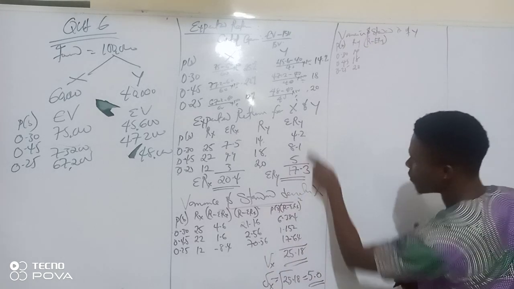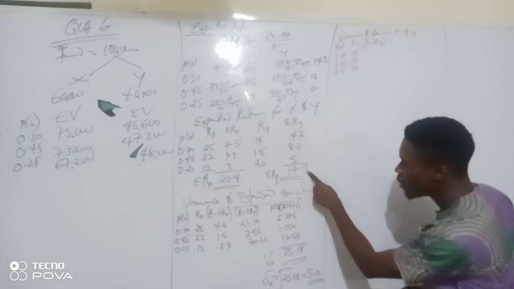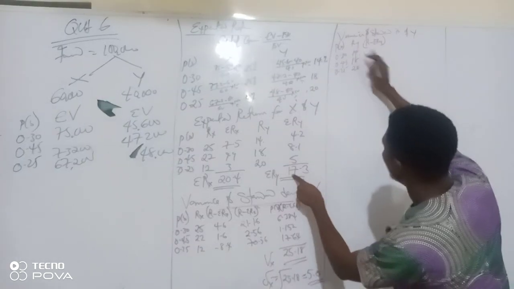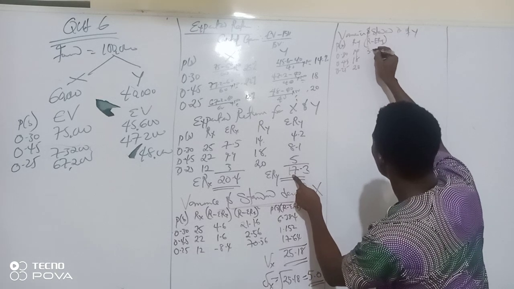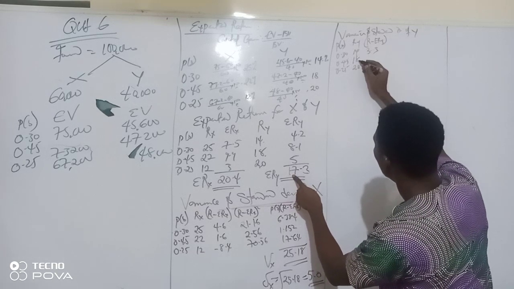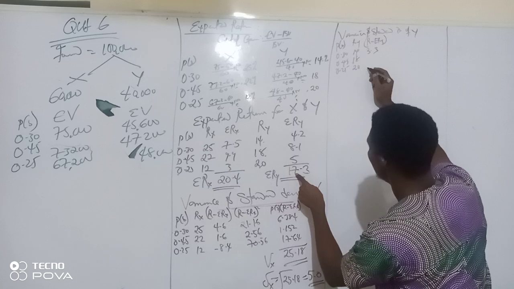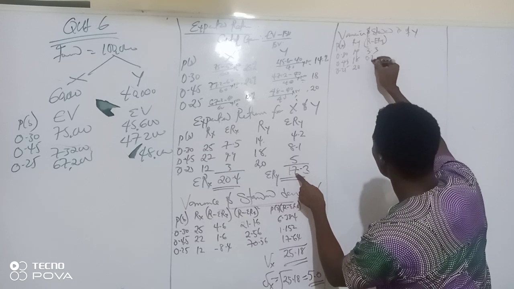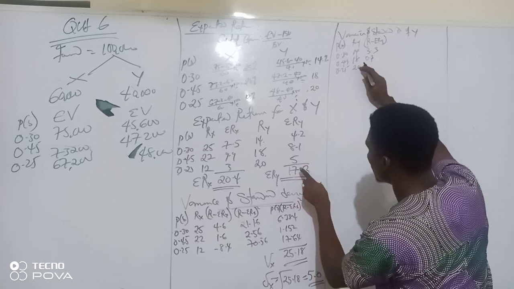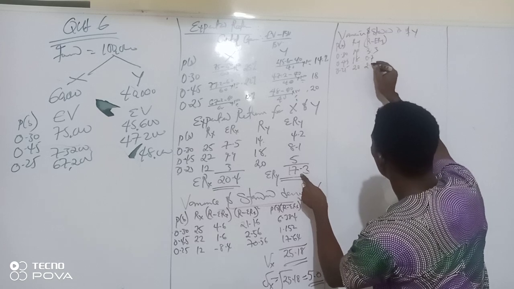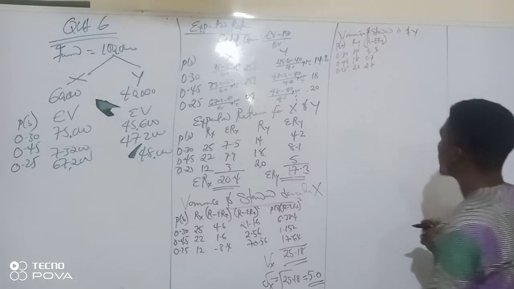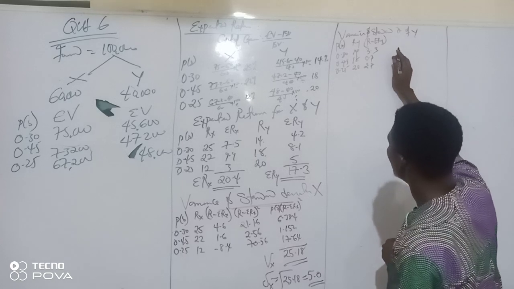Our expected return is 18.3. We have 14 minus 18.3, which is minus 4.3, then 18 minus this is minus 0.3, then 20 minus this is 1.7. So we need to find their squares. The first one should be negative.